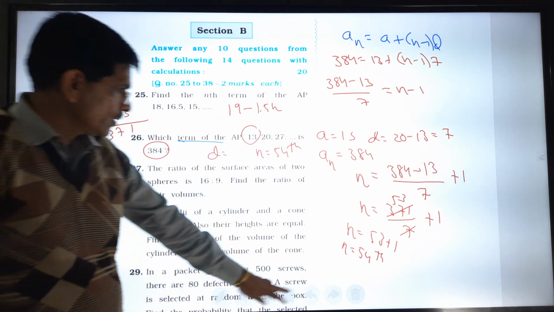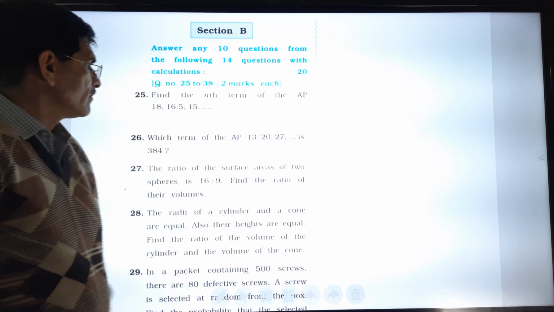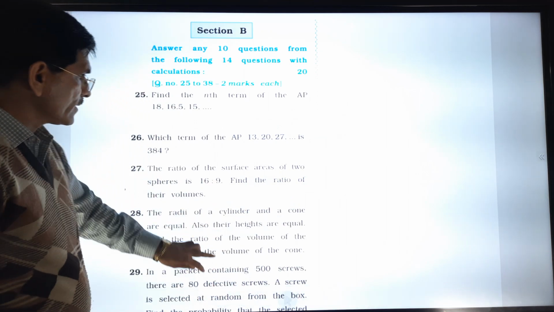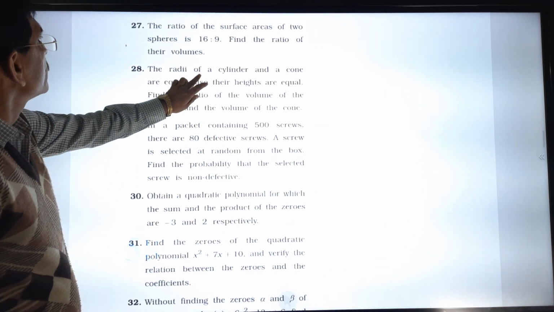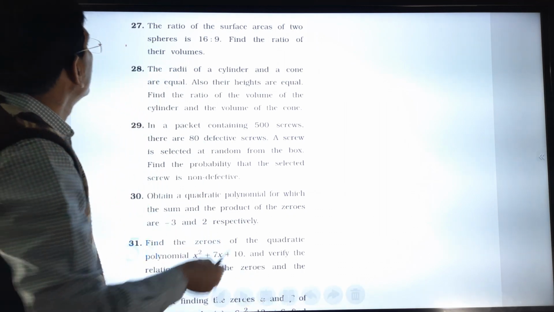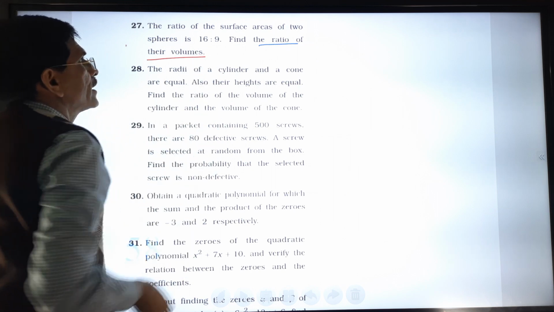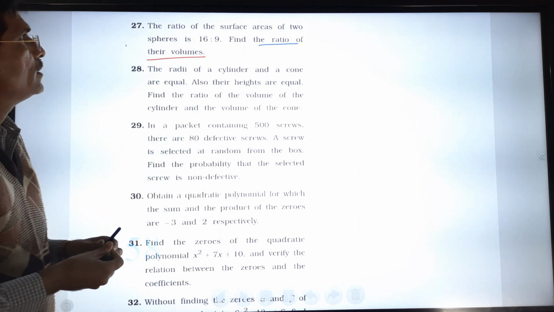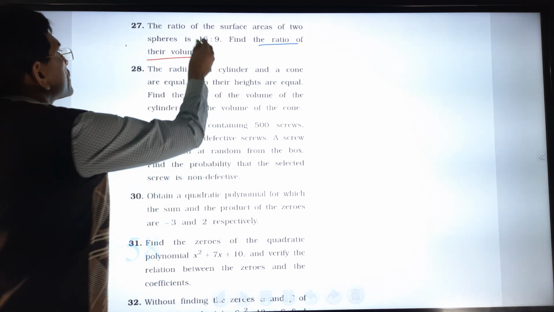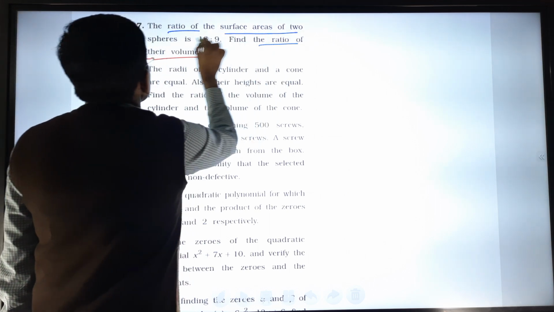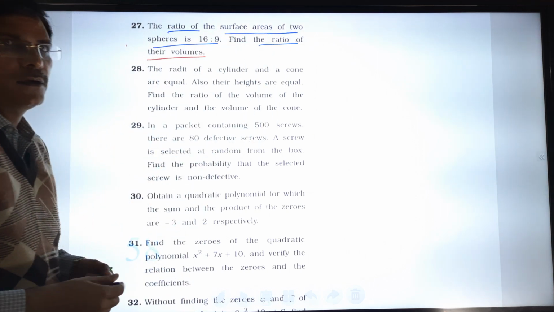Now we go for question number 27. In question number 27, find the ratio of the volume. What is given to us is the ratio of the surface areas of two spheres.